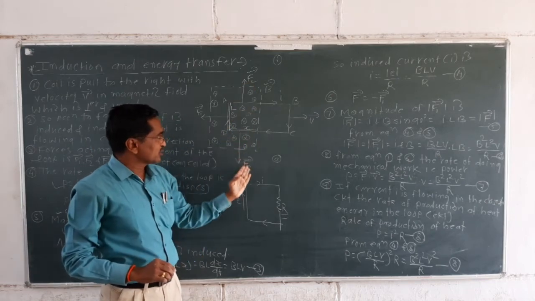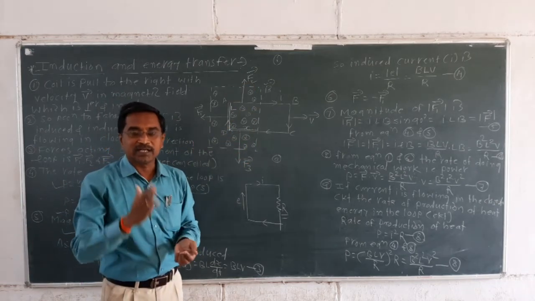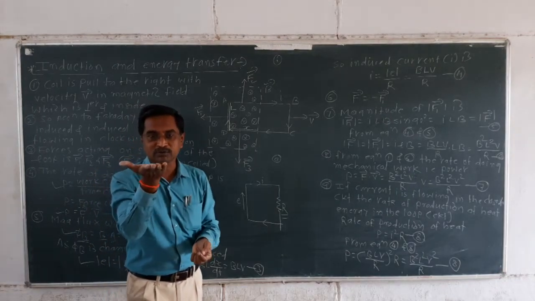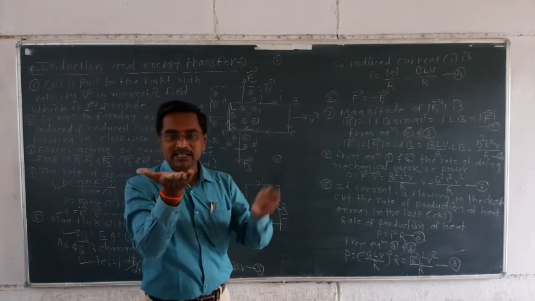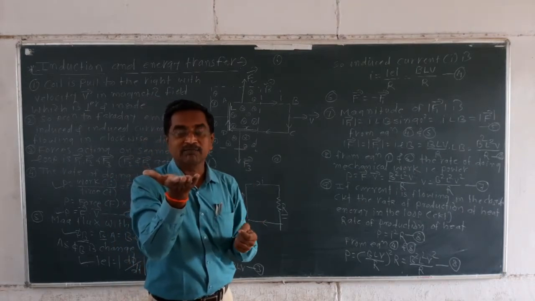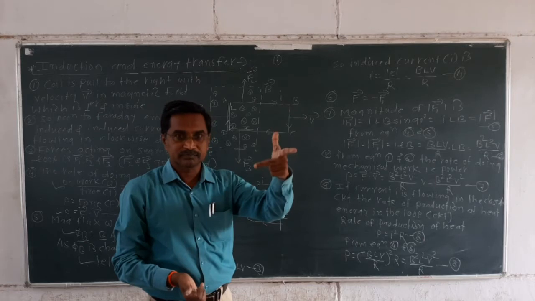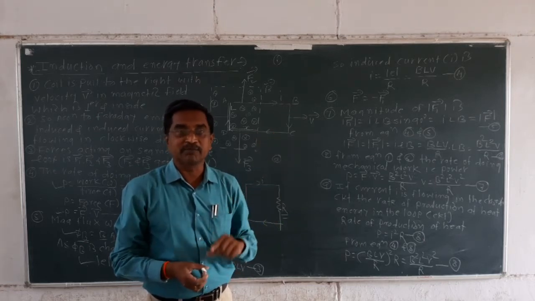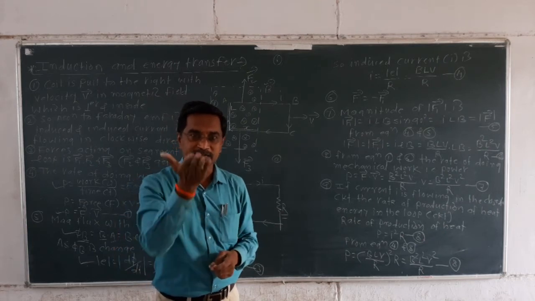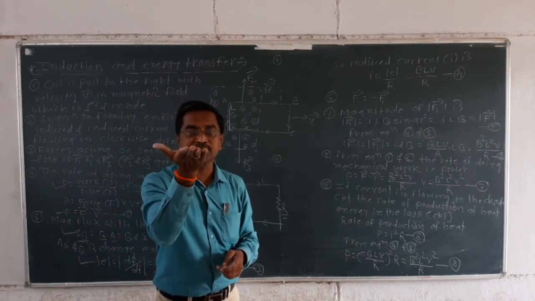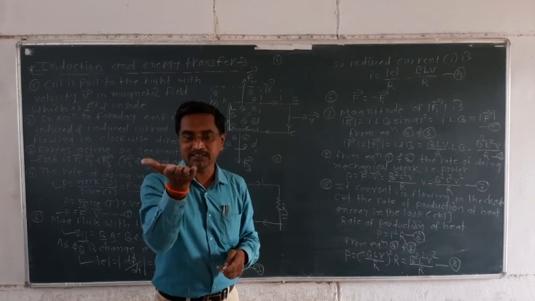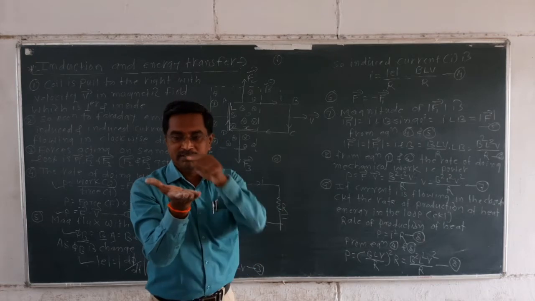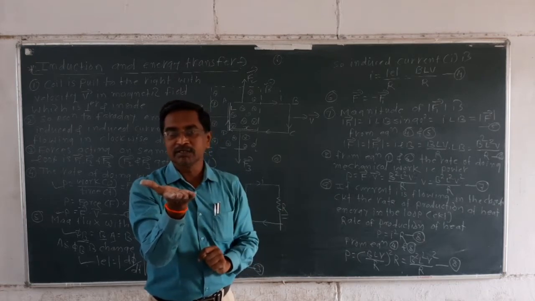How do you obtain the direction of these forces? With the help of the right hand palm rule. There is also another law, Fleming's left hand rule. All this part you have completed in the previous chapter on the magnetic effect of electric current. So the right hand palm rule gives the direction of the force acting on the current carrying conductor. How? See here. Four fingers in the direction of the magnetic field and the thumb in the direction of the current.